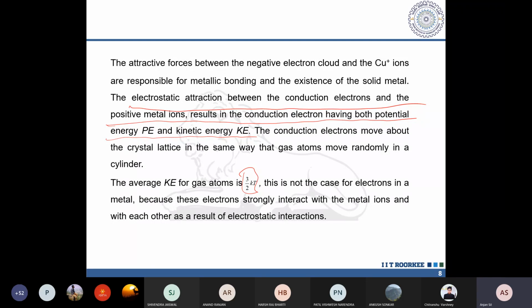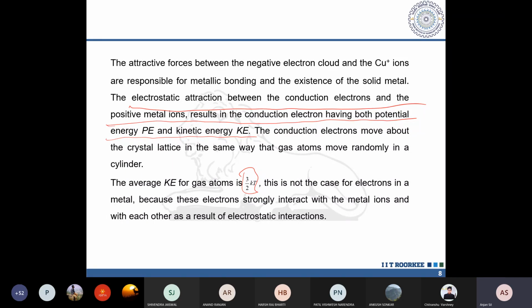Although we may treat this as a gas, how it is different from a gas atom is that there is nothing like attractive and repulsive forces there. Those gas particles are not positive or negative charged particles; they are all neutral. Here the electrons have to undergo electrostatic attraction and electrostatic repulsion.